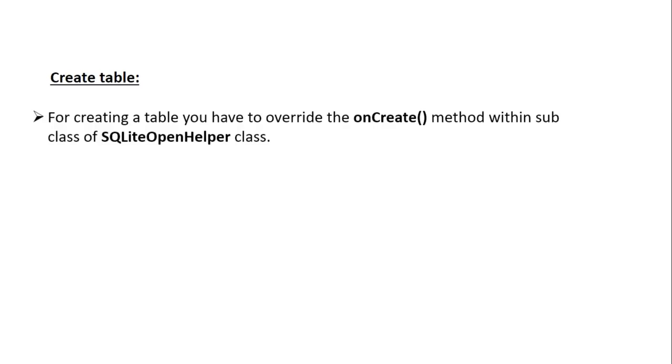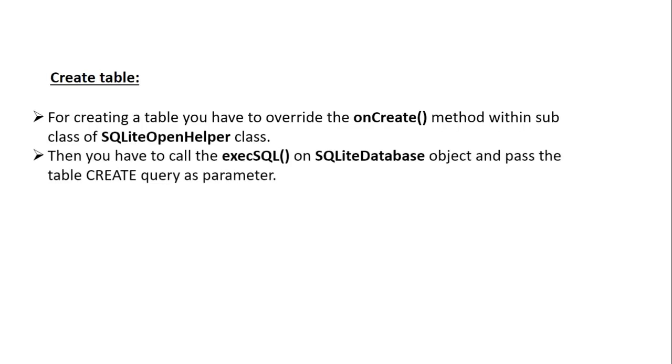Now we can learn how to create a table in the database. For creating a table, you have to override a method called onCreate within the subclass of the SQLiteOpenHelper class. Then you have to call execSQL on the SQLiteDatabase object and pass the create query as a parameter.